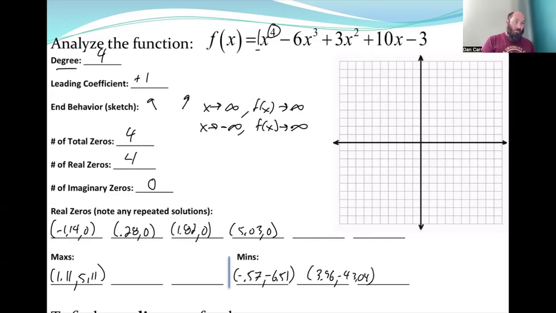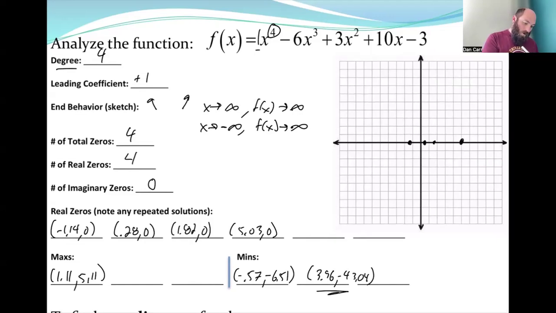Ooh, okay. So I can plot these, roughly. This is going to be way off the graph, but I can do the other ones pretty well. Negative 1.14 is going to cross about there. 0.28, about right there. 1.82, close to there. And then 5, 1, 2, 3, 4, 5, basically right there.